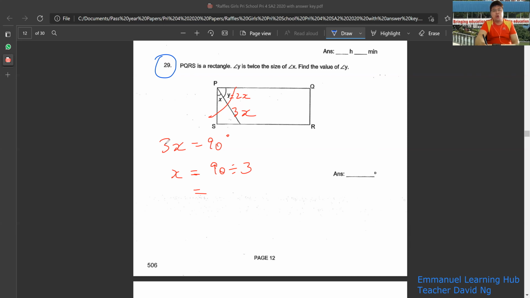Because 3x means 3 times x, 3 multiplied by x. So x is 90 divided by 3 equals 30. So y equals 2x, right? Equals 30 times 2. Yes, 60 degrees. Okay, get it?